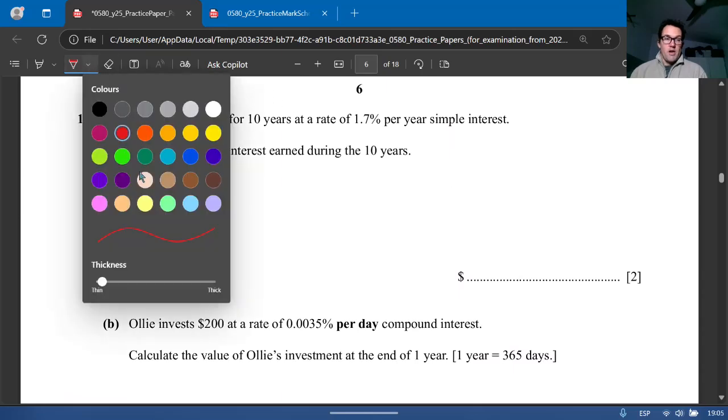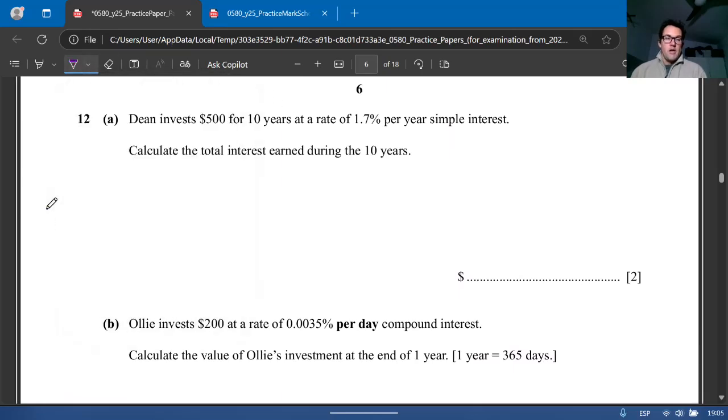Question 12. Now they've given us this nice formula sheet, but the formula for simple interest is not there. So you need to memorize this. Simple interest is I equals P R T over 100: principal, rate, time.